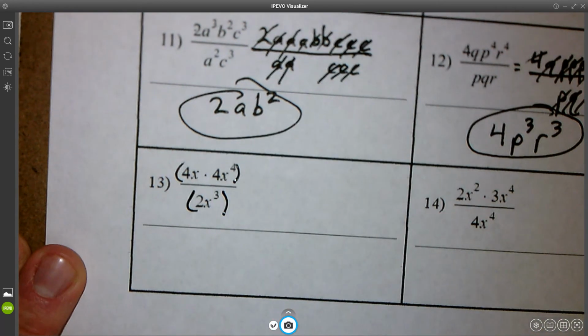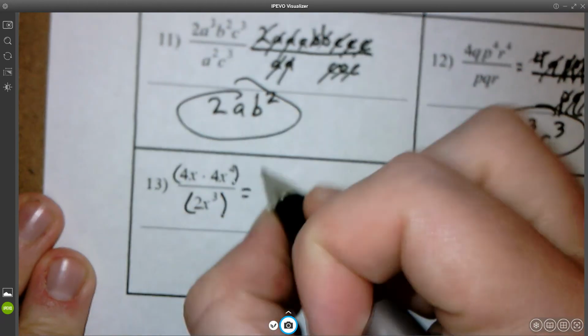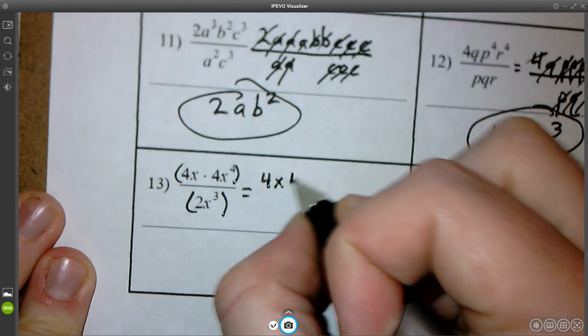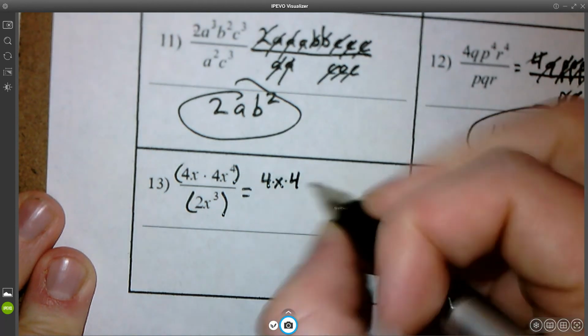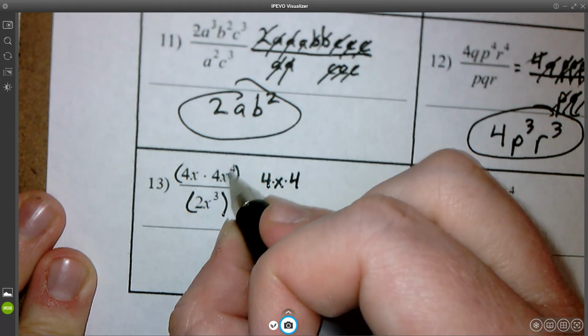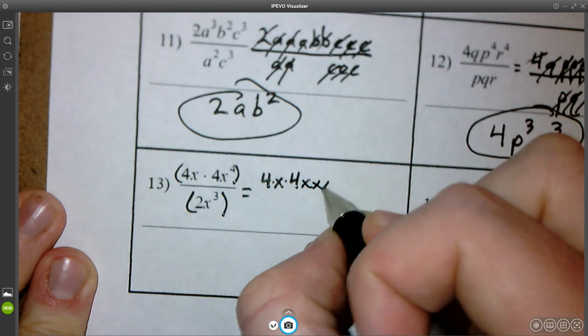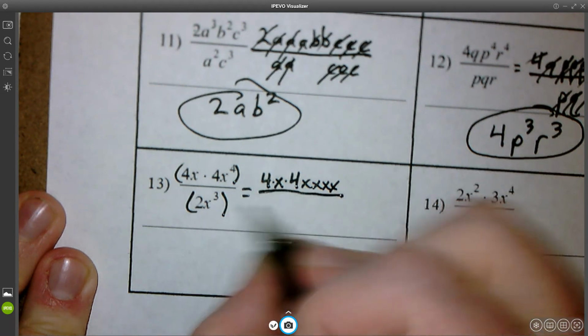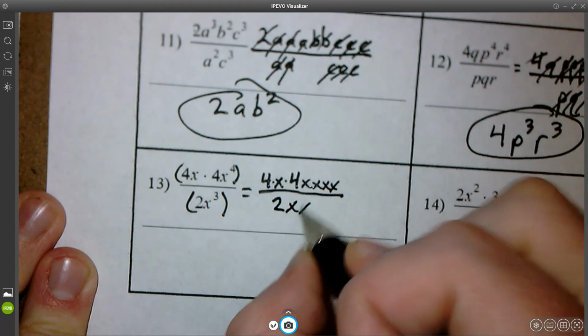So you do what's inside the parentheses. So you've got 4x, so 4 times x times 4 times, there's 4 more x's, divided by 2, and now we have 3 x's.